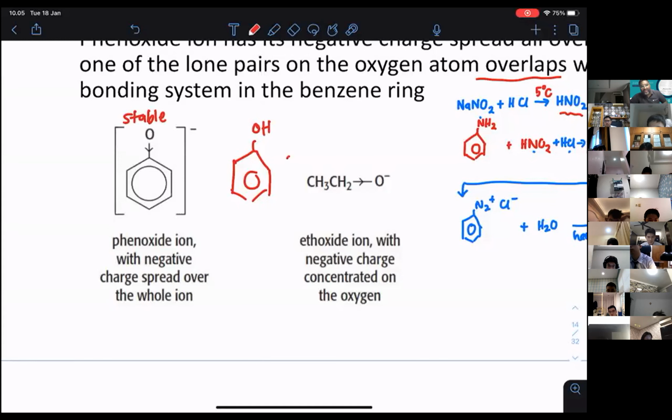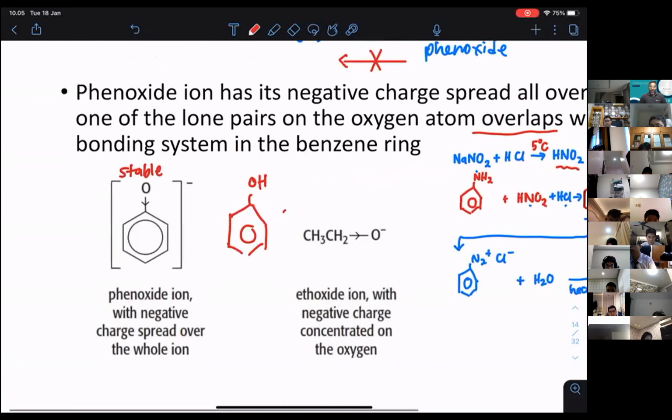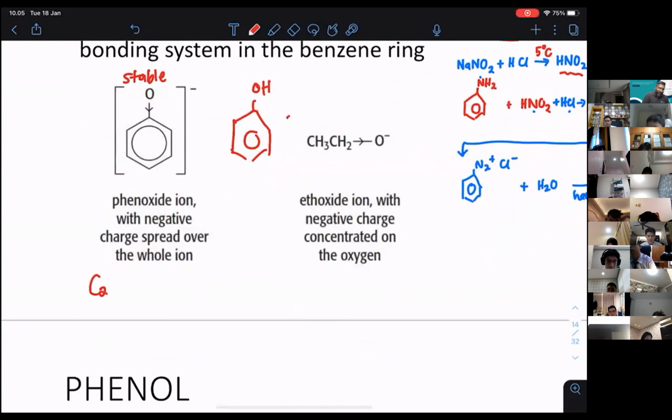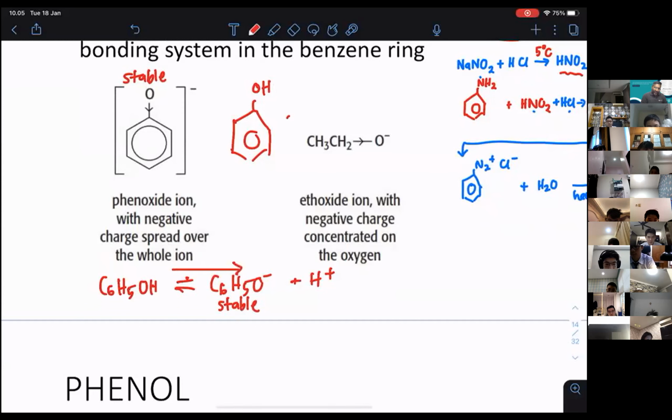In chemistry, we always like to form something that is more stable. So when C6H5OH forms C6H5O minus plus H plus, it tends to form something stable, and we know that this is stable.